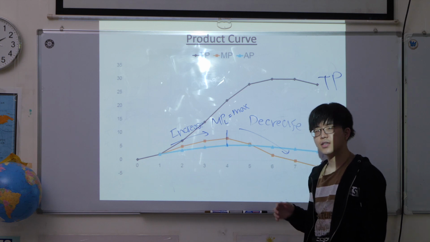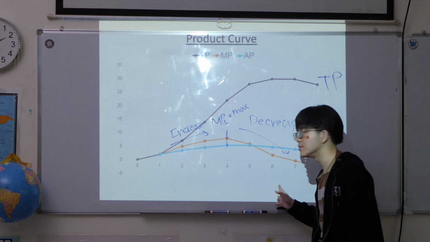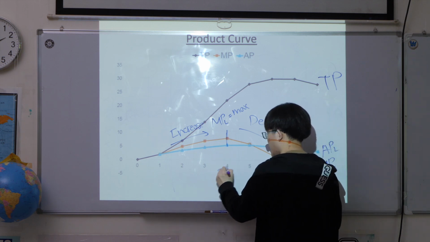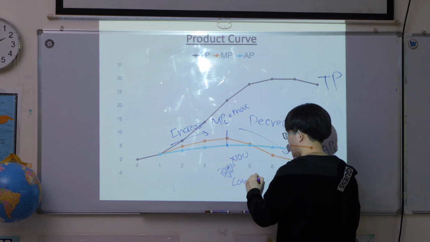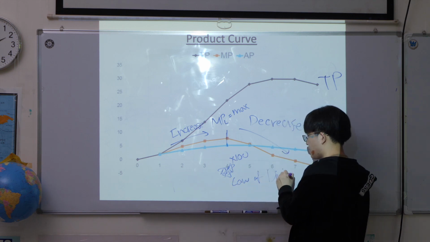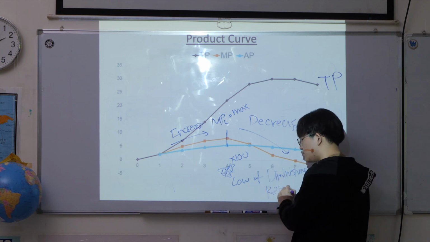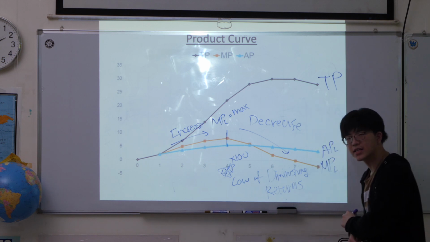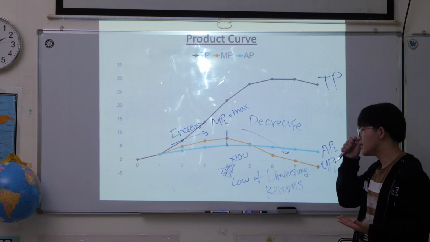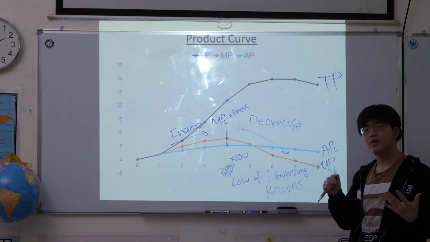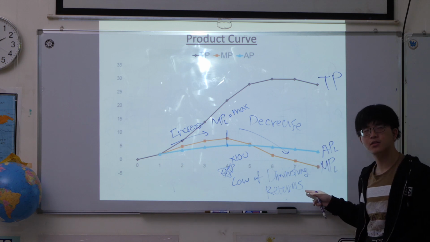This means that after this point, the law of diminishing returns happens. Law of diminishing returns. This is the most important term that you guys must understand and memorize for your paper 3. Not every paper, but most of paper 3 asks these questions.